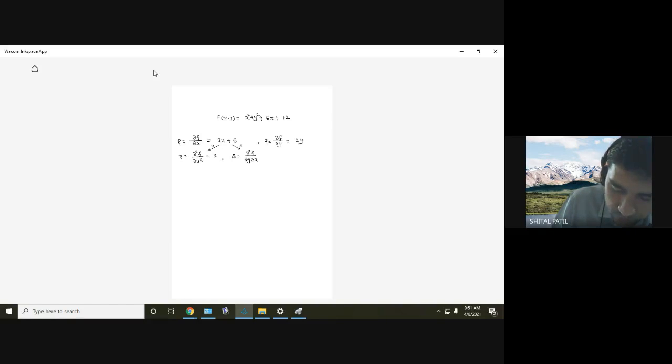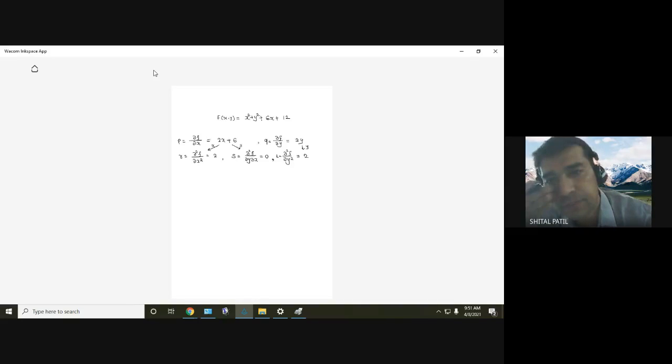So what is derivative of 2x plus 6 with respect to y? 0. And t is del square f divided by del y square. So derivative of this with respect to y, 2, which is p. Hope everyone is getting this. First and second order derivatives.